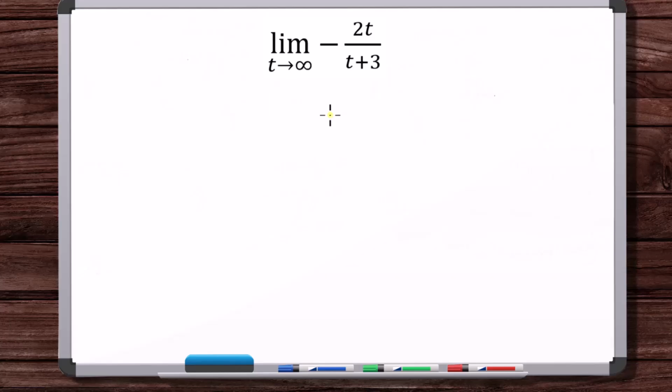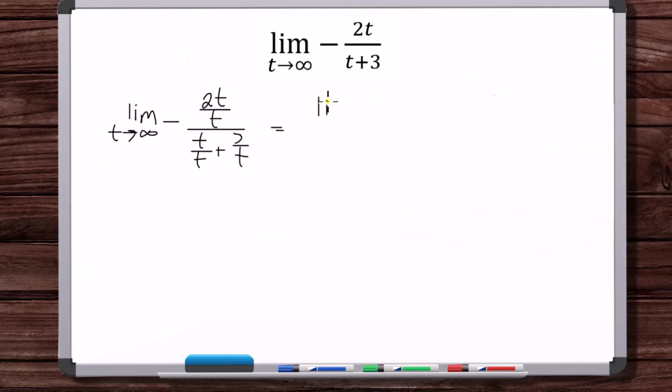Okay, here's another limit at infinity of a rational function, a ratio of polynomials. So we just divide by t to the power of the order of the denominator. So 2t over t, t over t.